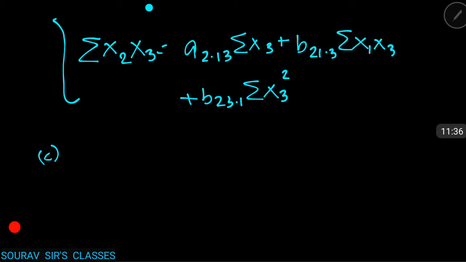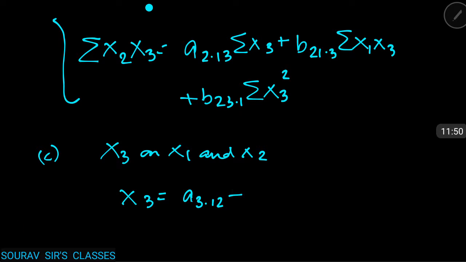Now, the regression equation of x3 on x1 and x2 would be x3 equal to a 3.12 plus b 31.2 x1 plus b 32.1 x2.